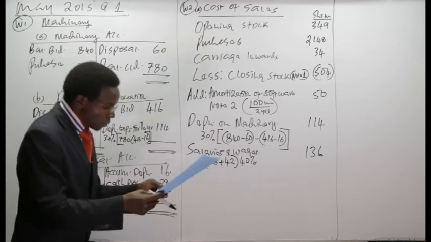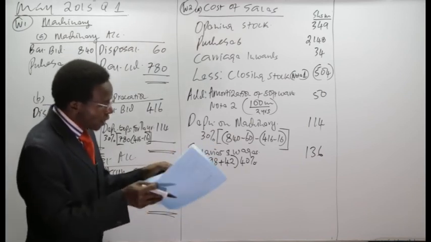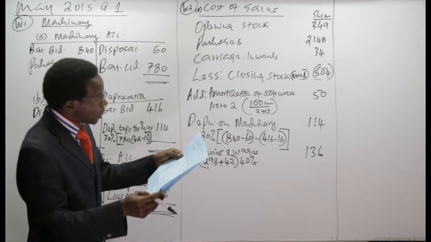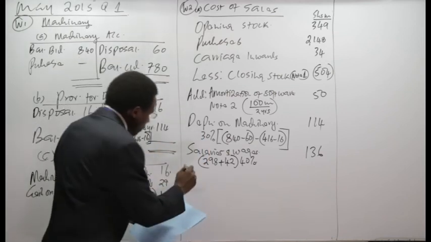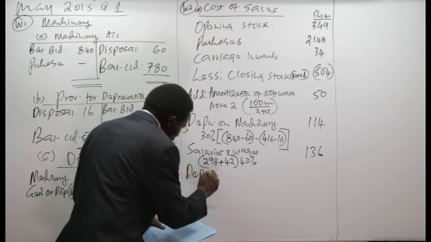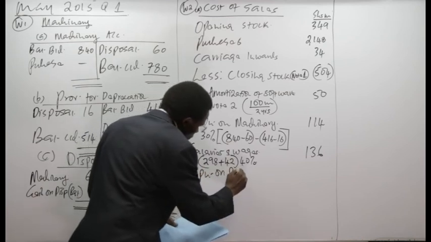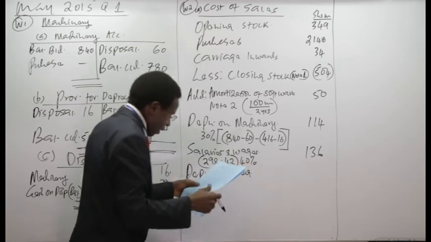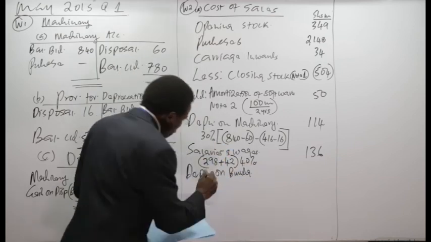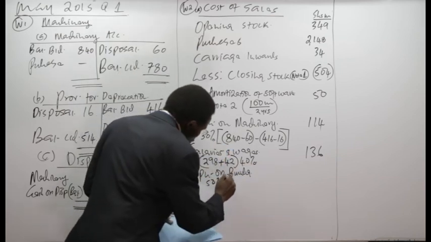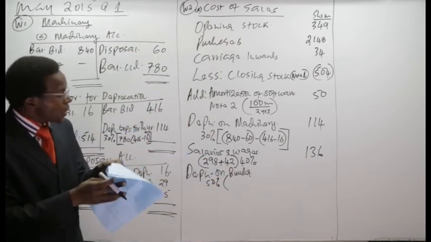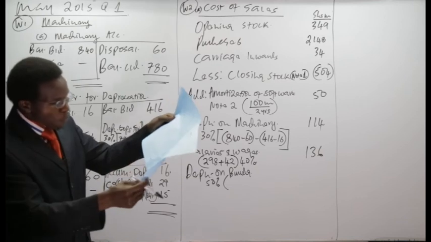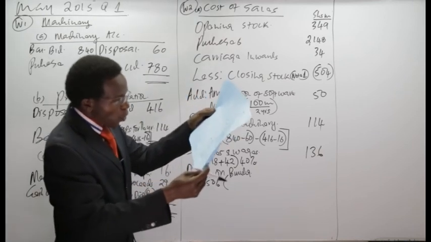Then we move on and say in our note number 9, depreciation on buildings. We should only apportion 50%. So what's the depreciation on buildings? We go back to note number 5.